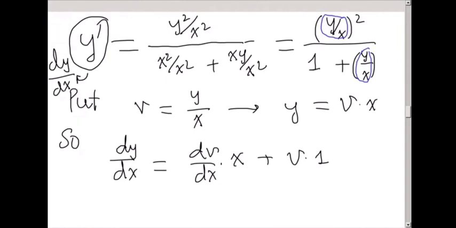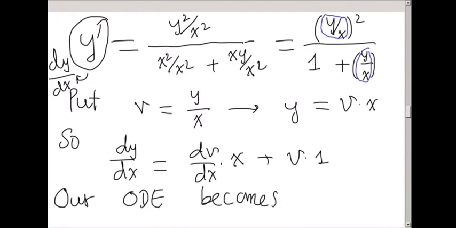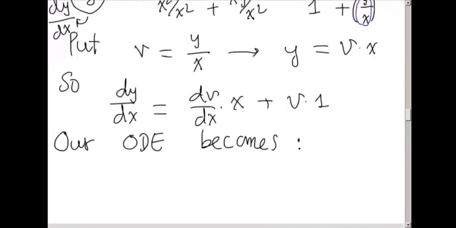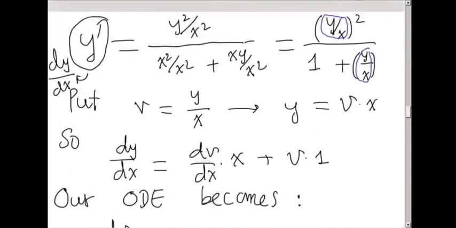Now our equation becomes: the left hand side is dv dx times x plus v. And what is the right hand side? Whenever we see y over x, we should replace it by v.